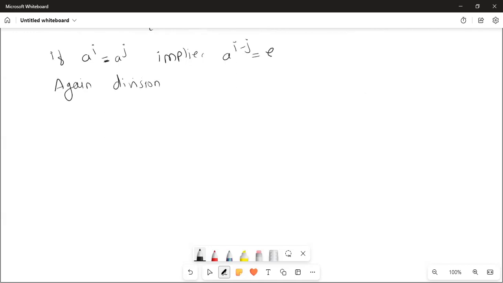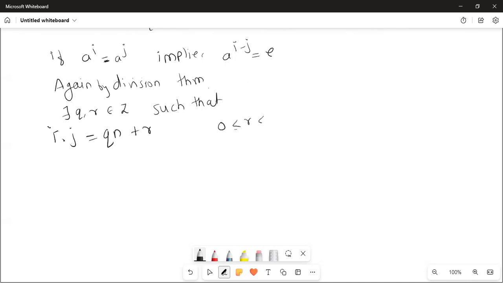Again by the division theorem, there exist q and r belonging to Z such that i - j = qn + r, where r lies between 0 and n. Then a^(i-j) = a^(qn+r). Then what is a^(i-j)? It is e. Again a^(qn) has value 1, so e = a^r comes.